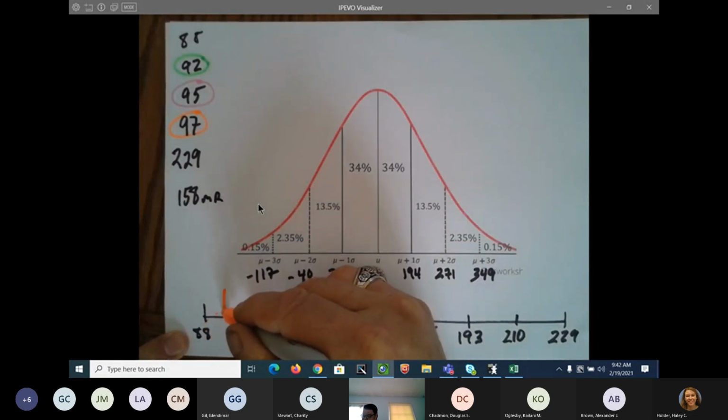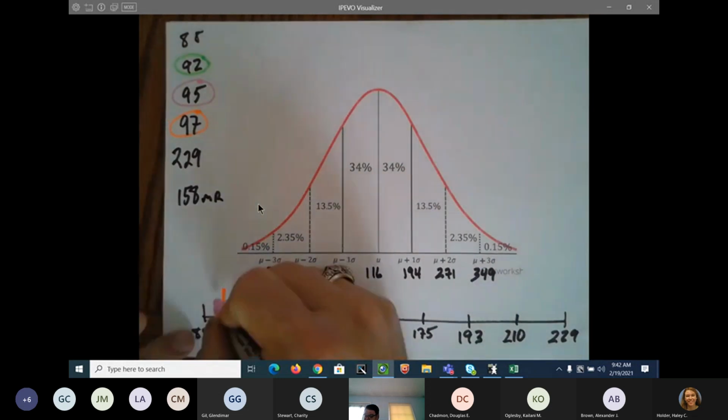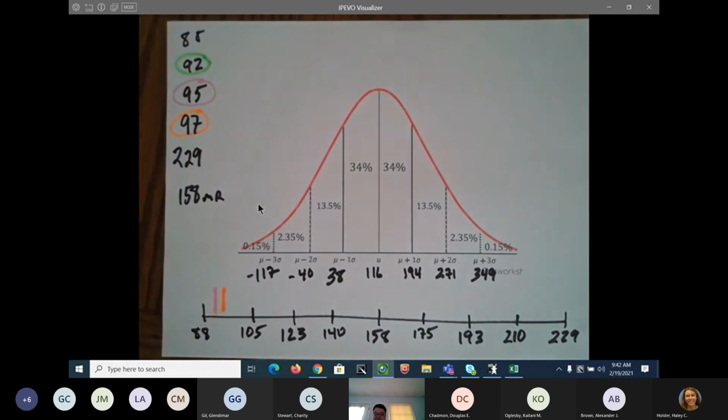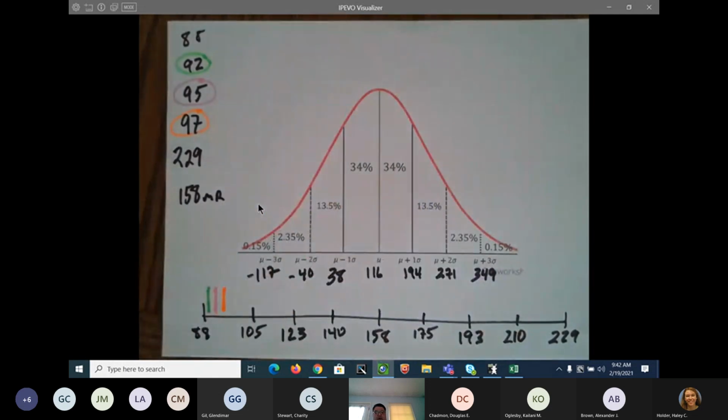So 97 is going to be right here. 95 is pink. And 92 is green. I think we found out which one is more skewed right. There's your box plot. And of course, our center.